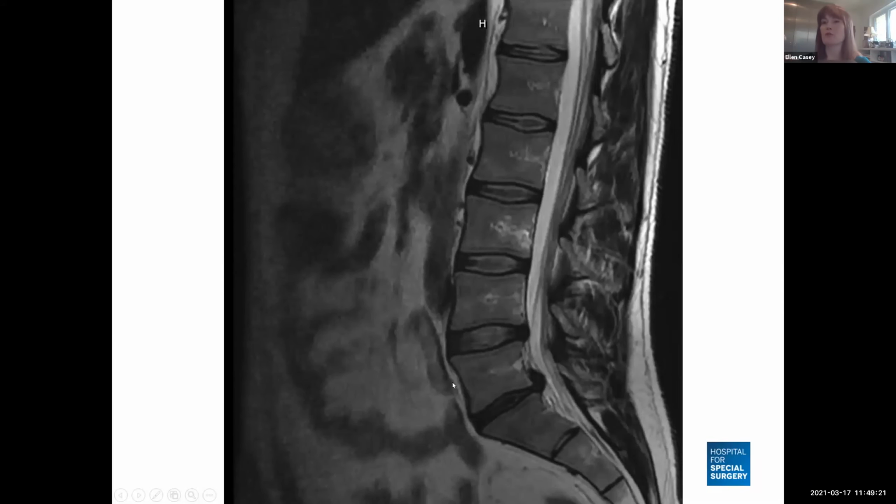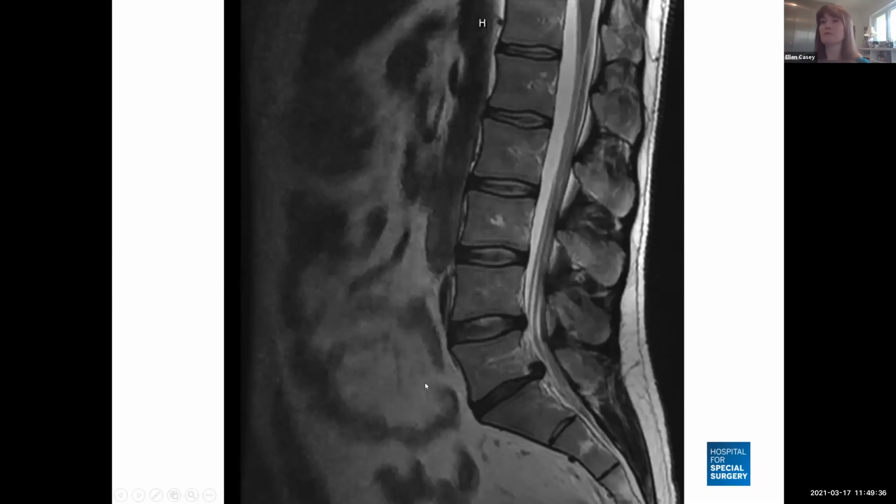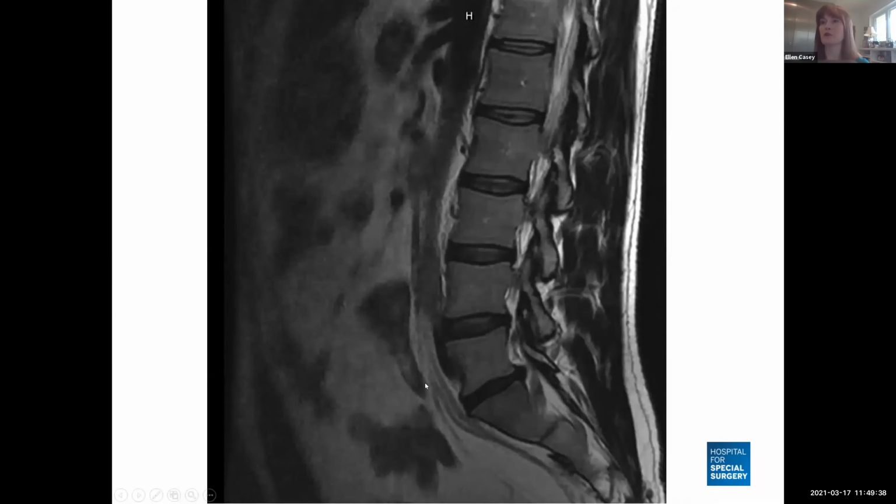Of course, you always look at these more fluidly, but we'll take it one by one. As we move to one side or the other, we don't always know in the sagittal plane yet. What we see is this posterior prominence of disc material at the L5-S1 level. And we follow that through.